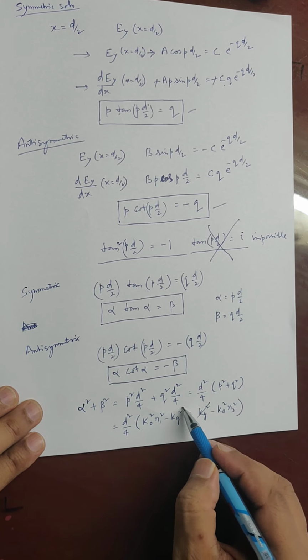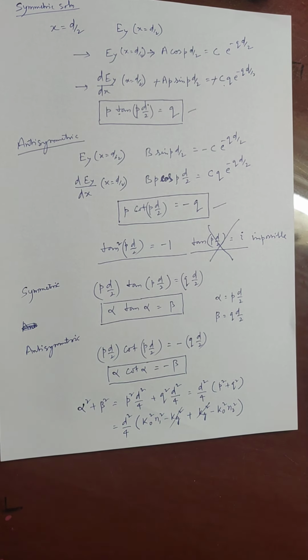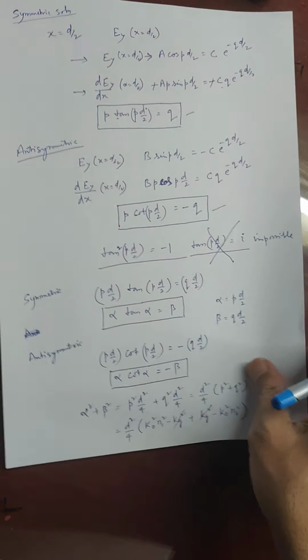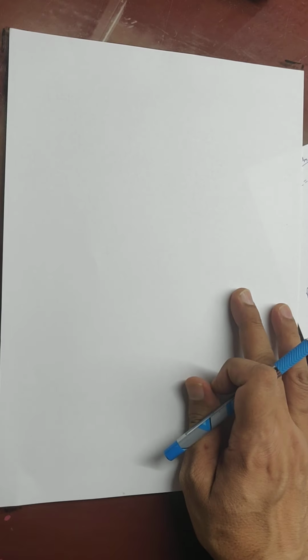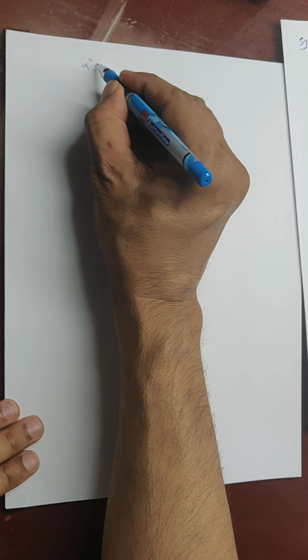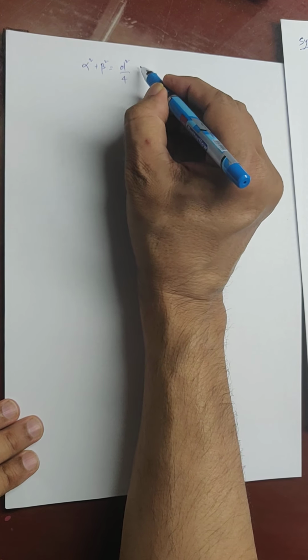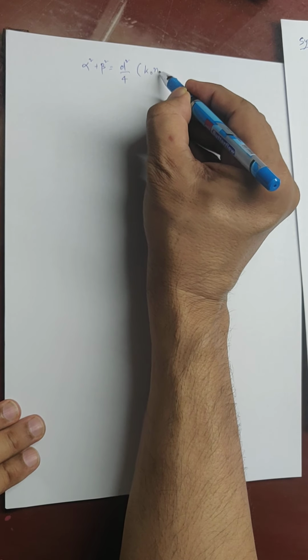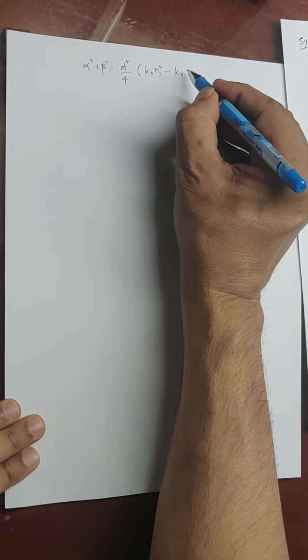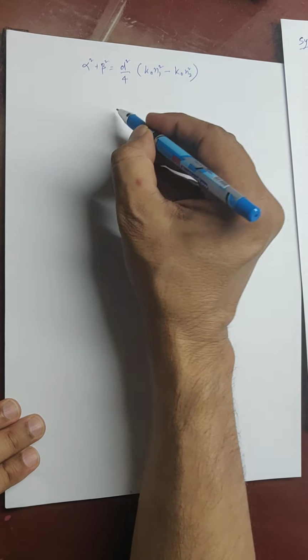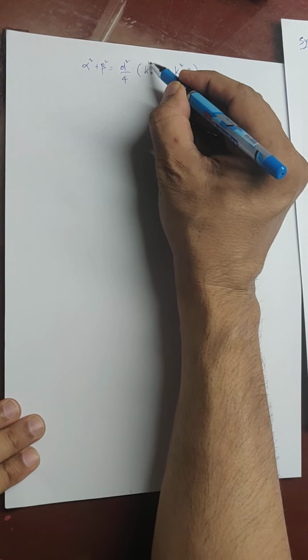So kg square gets cancelled and alpha square plus beta square becomes d square by 4 into k naught square n1 square minus k naught square n2 square.